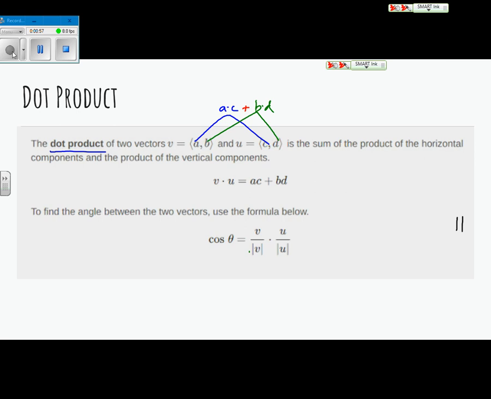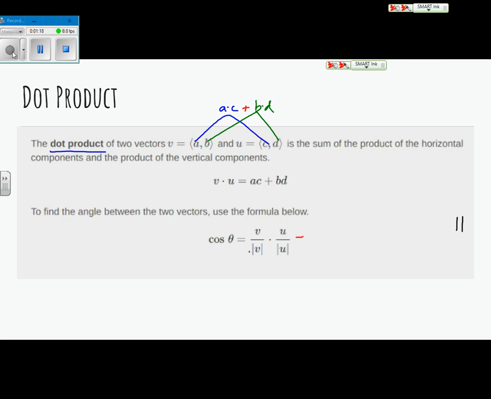Well, why would I ever want to multiply two vectors together? Well, you might be wanting to find the angle between them. I want to find the angle between two vectors, and I can use this formula.